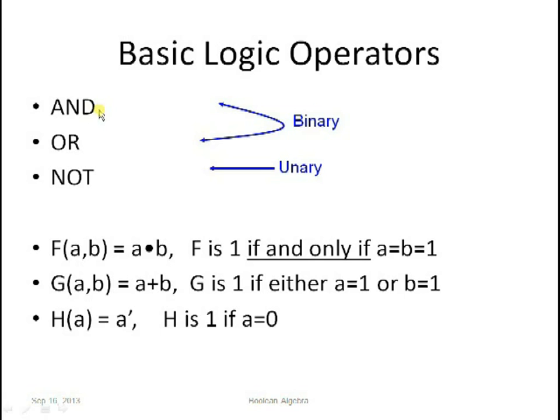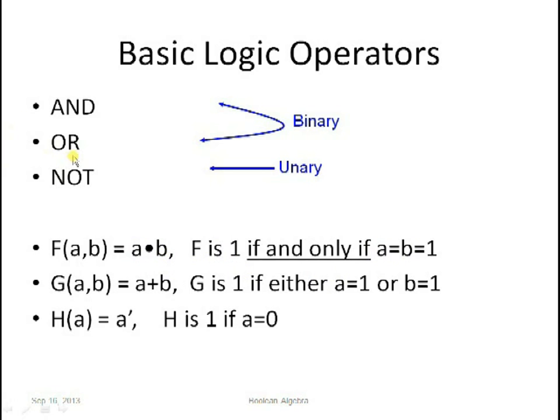So from now onwards we have to call this dot as AND. So it is f of a comma b equals a and b, and the output of this function is 1 only when a and b values are 1. Okay, if any of the values present in a and b is 0, then the output is 0, right?